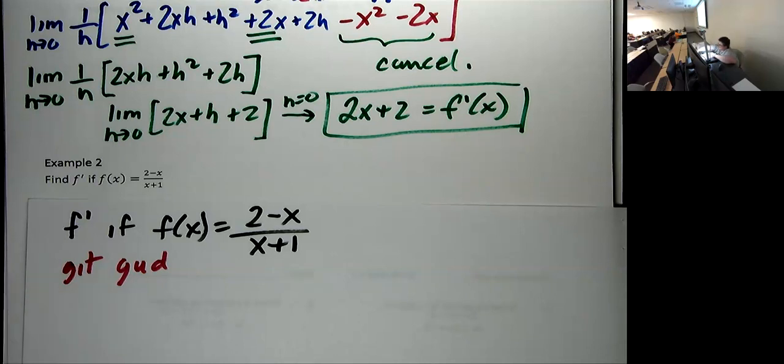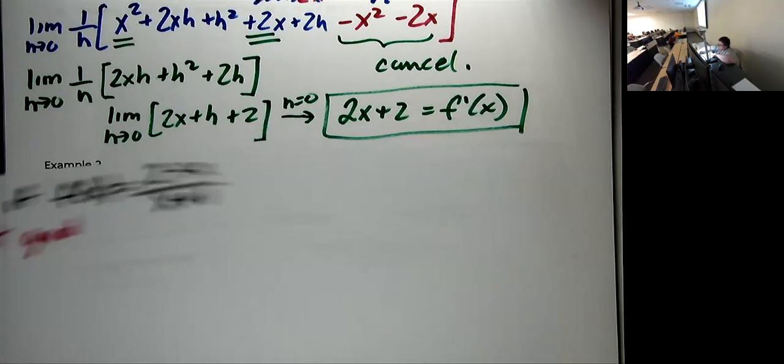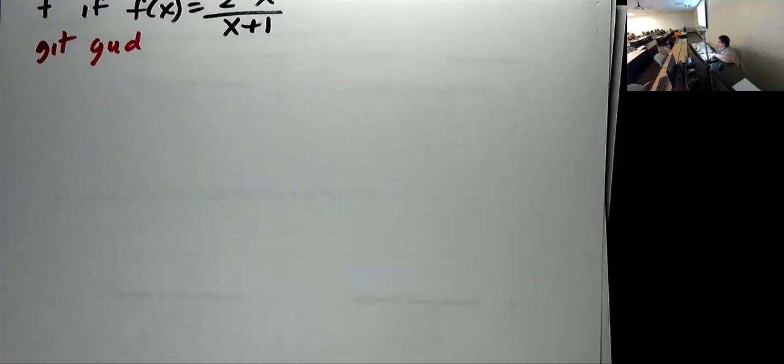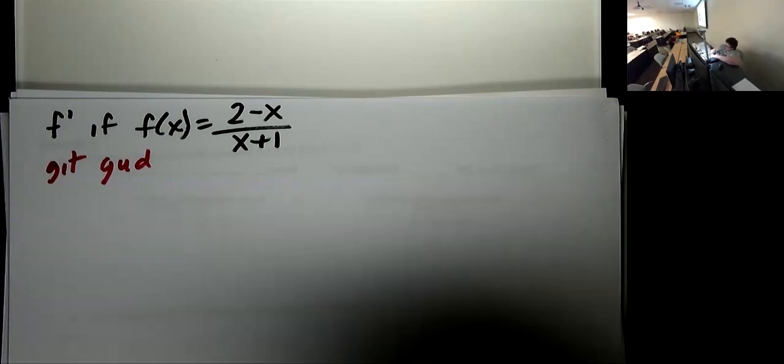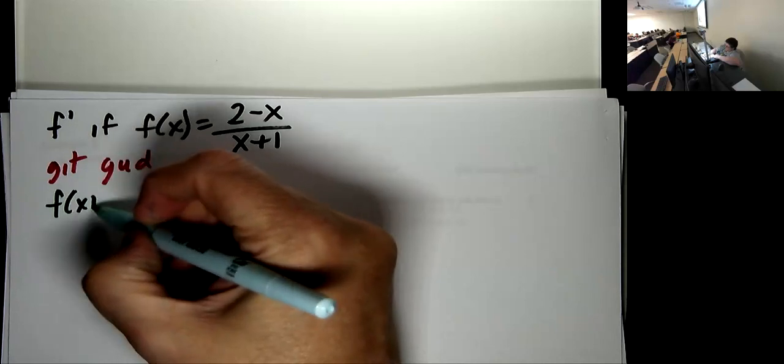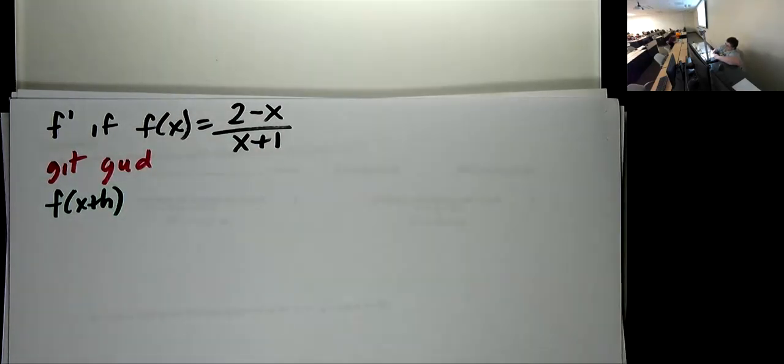All right. So let's do this god-awful problem. What do we got going on here? I need to go through, remember, maybe this might be easier if I write the f of x plus h separately. Let's take a look at what's going on there.